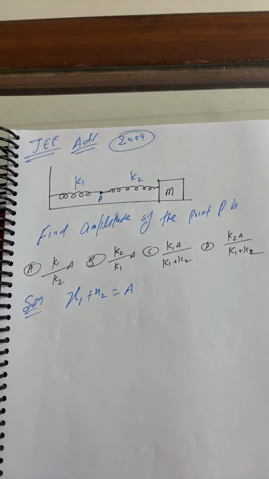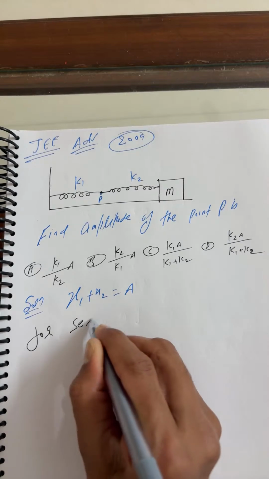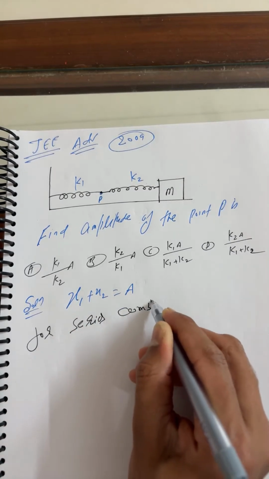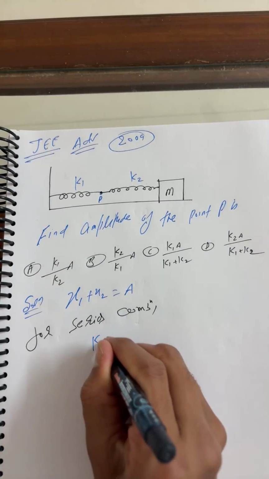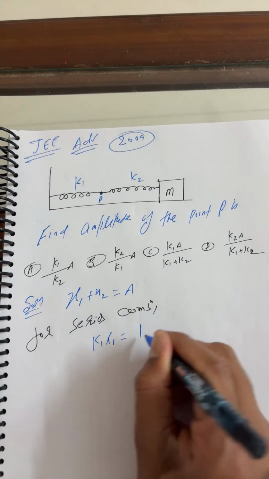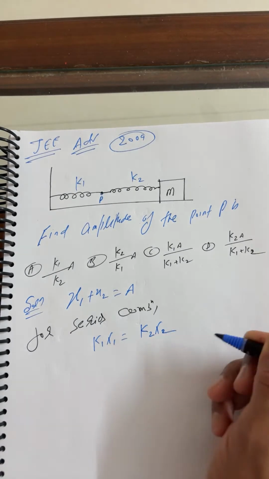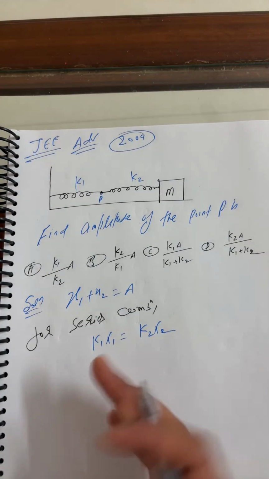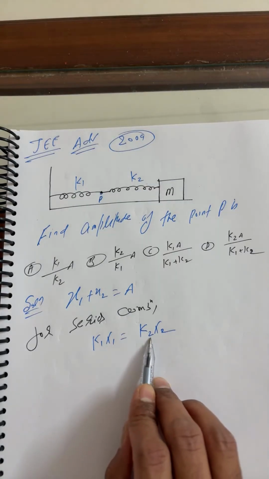One thing to remember for series combination: the force remains the same. So K1 x1 equals K2 x2.